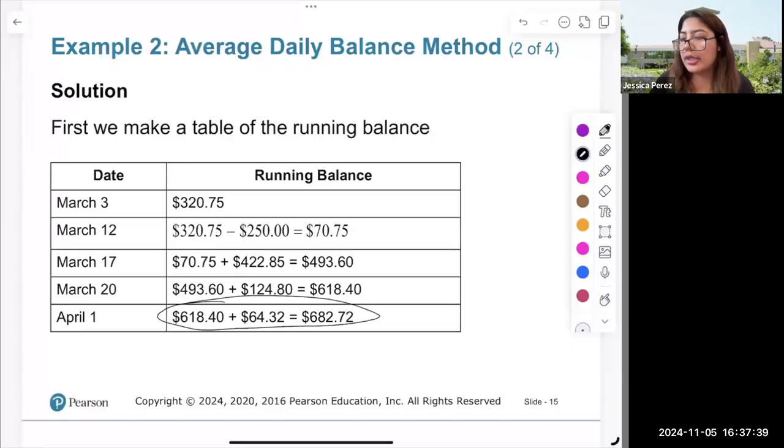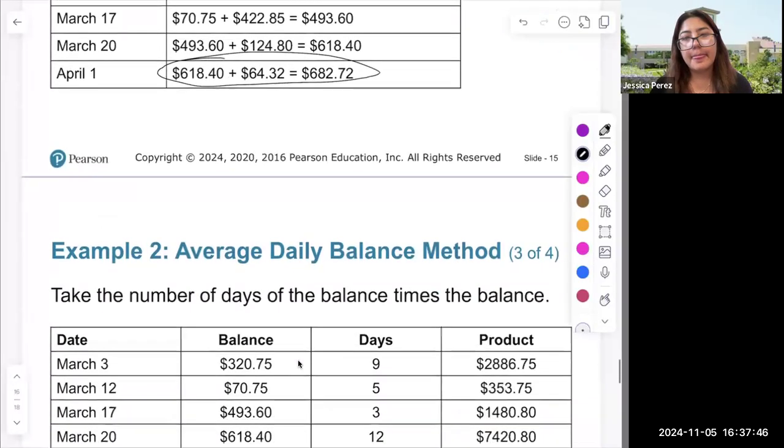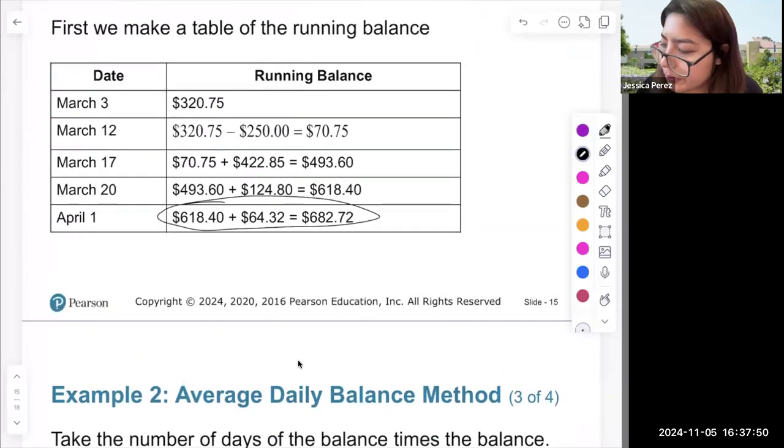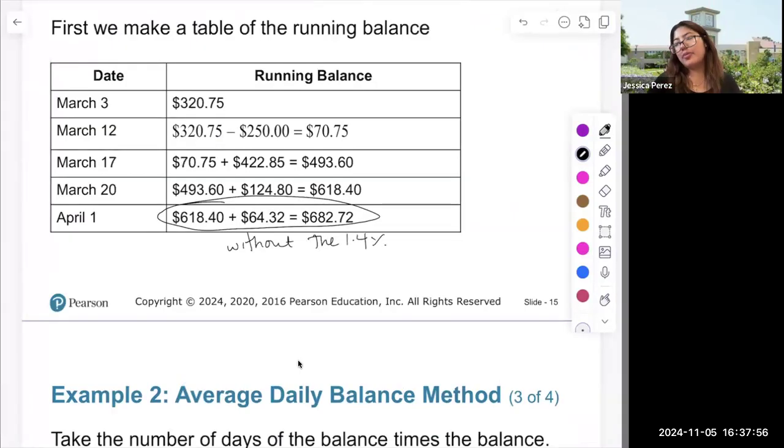So we have 682.72 without the interest, without the 1.4%, because if we add the 1.4%, this would increase.